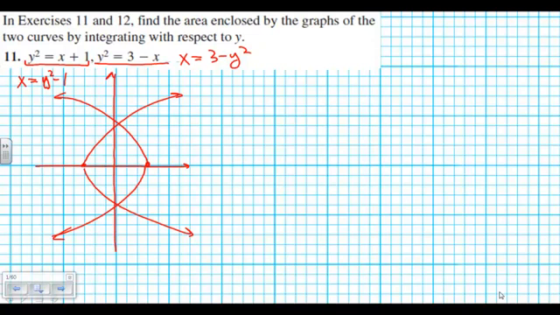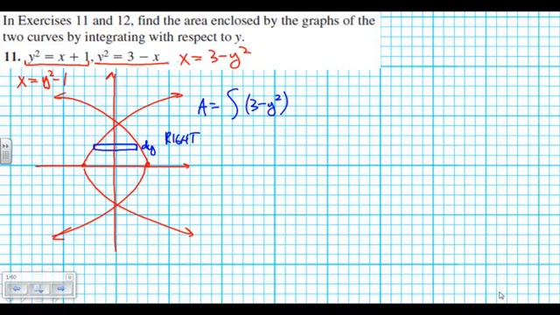Now, in order to do that, I'm going to draw a typical rectangle, and in order to get it to go from two different curves, the orientation of that rectangle is going to be such, and then that means the height of that rectangle is going to be measured as a dy. Looks to me then like the area is going to be the integral of the larger of these two curves, the upper curve, the top curve, in this case the one that is most to the right, because the x values for that curve are larger, which is going to be our second curve.